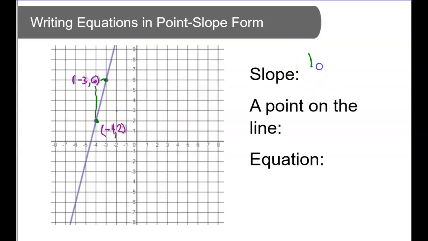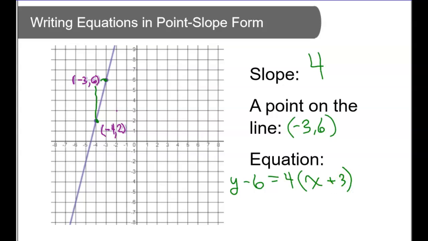So if it's up and to the right, my slope is 4. Well, I've been given 2 points on this line. Let's just look at negative 3, 6 and see how we could write the equation. I would write this as y minus 6 is equal to the slope, 4, times this quantity x minus a negative 3, which I'm going to just rewrite as x plus 3.